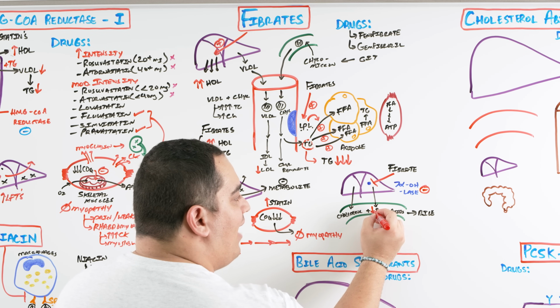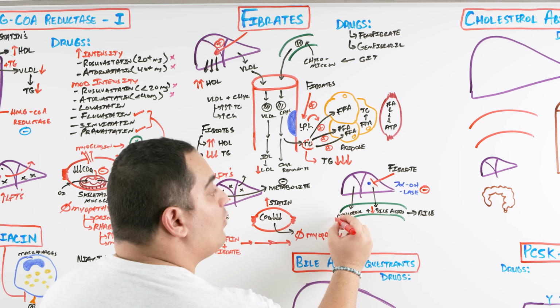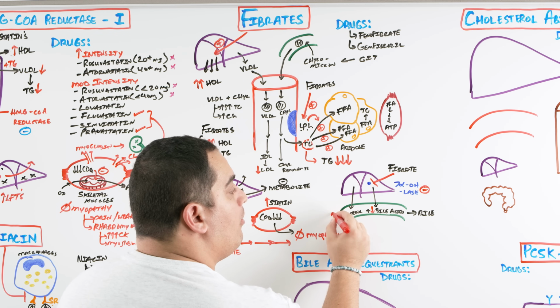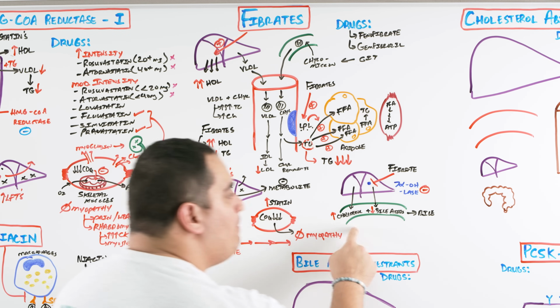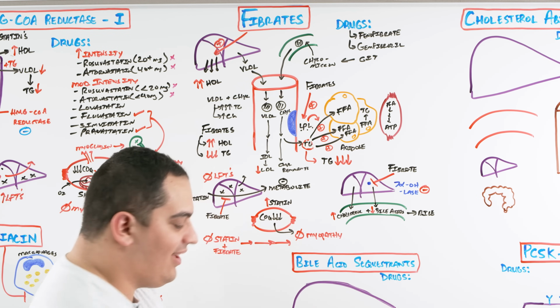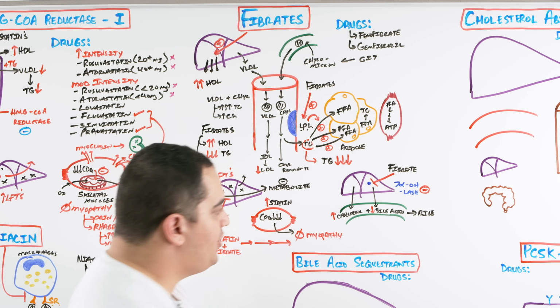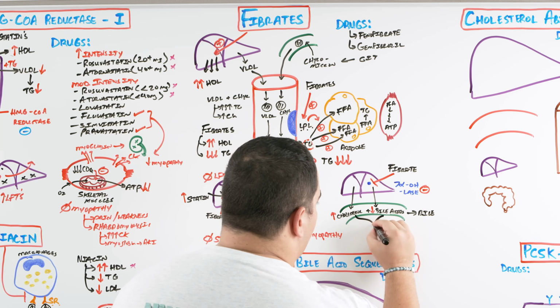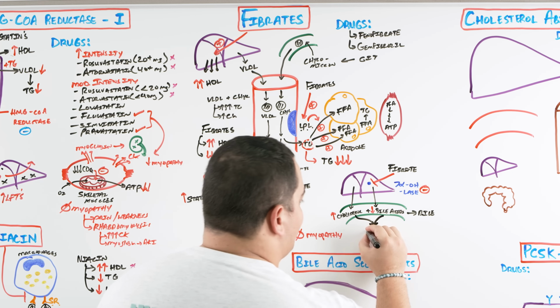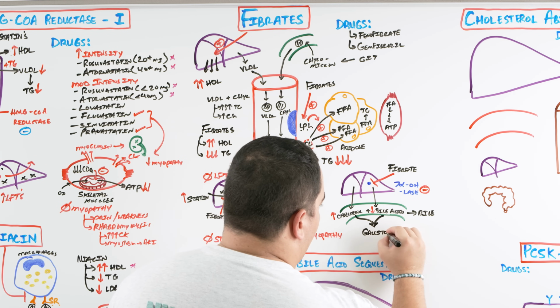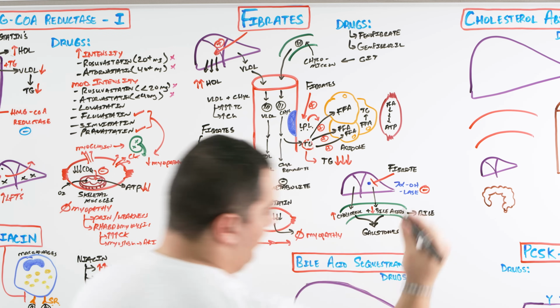If I have less bile acids, now I'm going to have relatively more cholesterol. This imbalance between less bile acids and high cholesterol leads to a supersaturation kind of event and precipitation of what? Gallstones. And this can increase the risk of cholelithiasis.